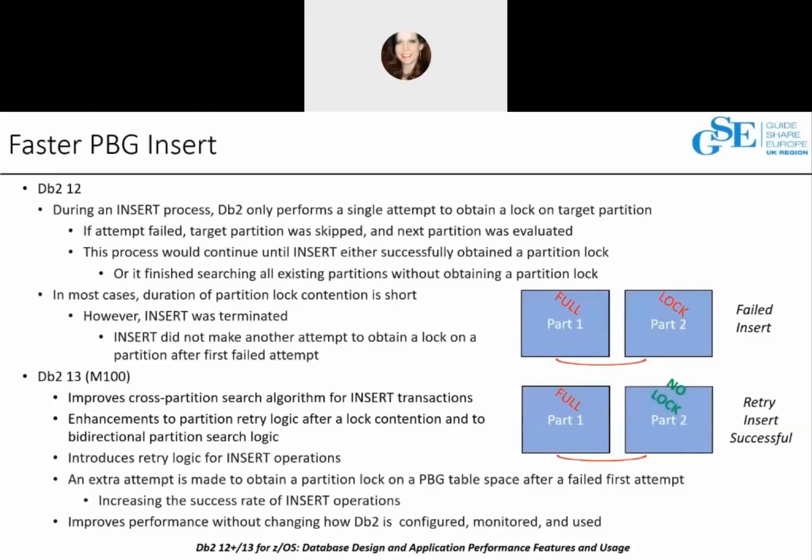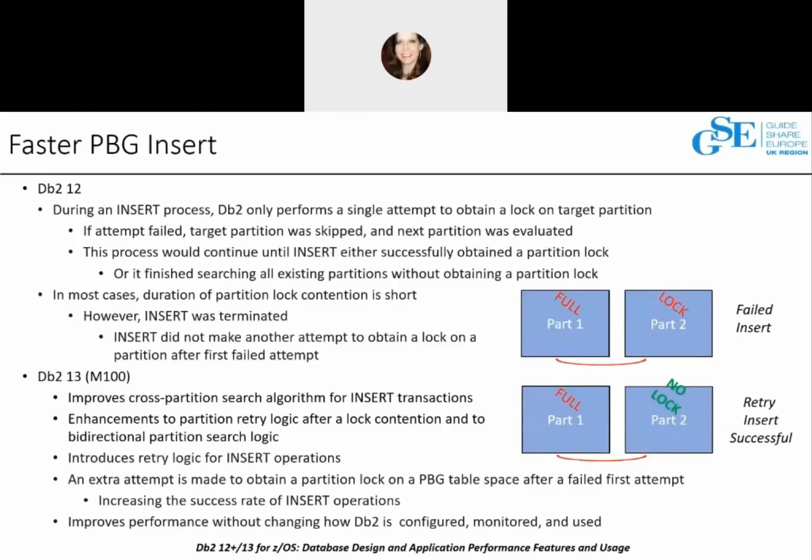If it's going forward and it encounters locked partitions, that's another problem. But what happens is it doesn't retry that insert. Even though those locks are relatively short, it doesn't retry that insert, and it doesn't look back either. So it doesn't do a bidirectional partition search. So version 13, of course, and what that ended up in is failed inserts.